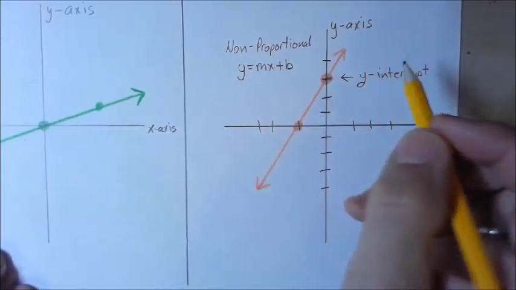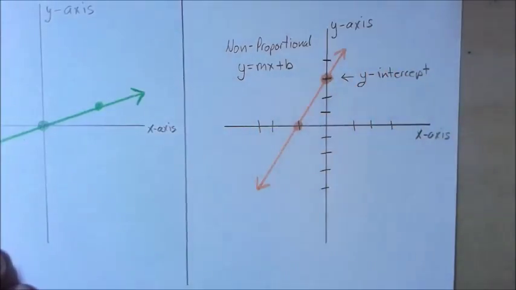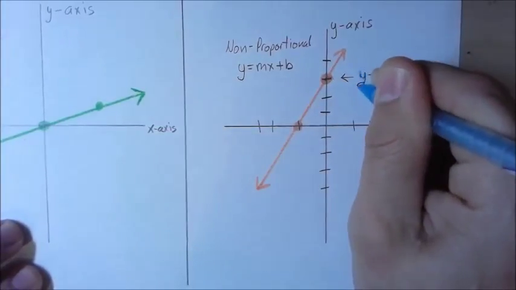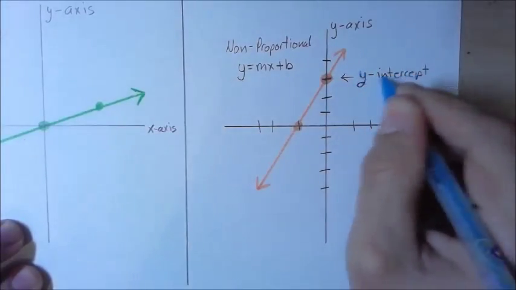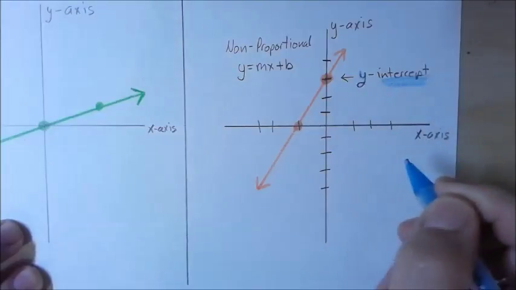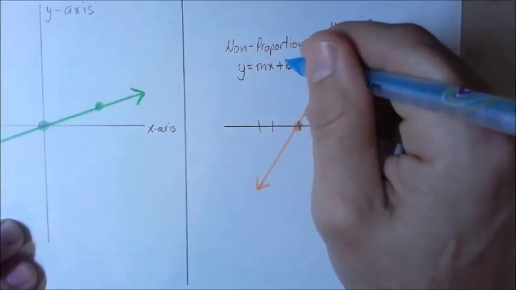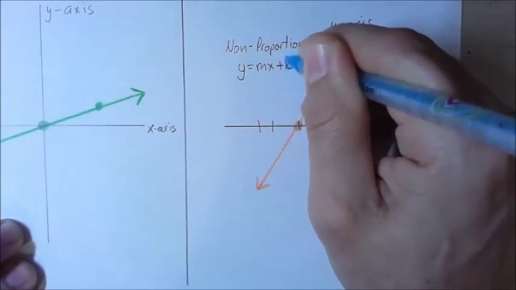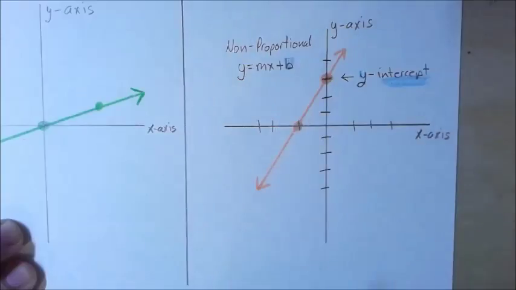And the y-intercept, let's put some color in here. I want you to pick a color of your choice, and just shade in that y-intercept. And then I want you to shade in that b with the same color.